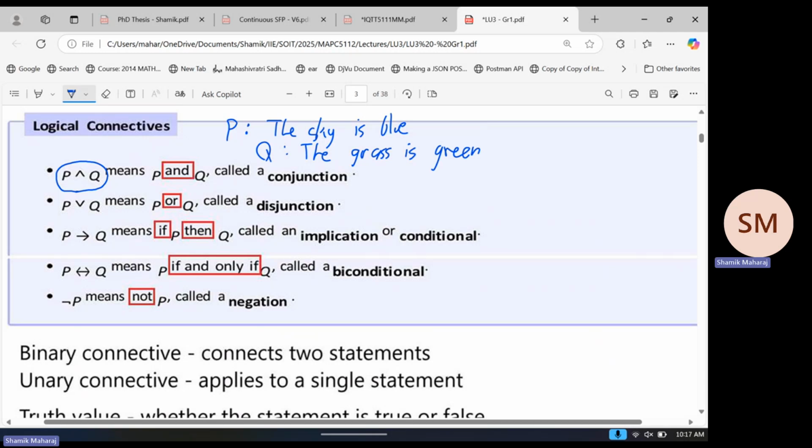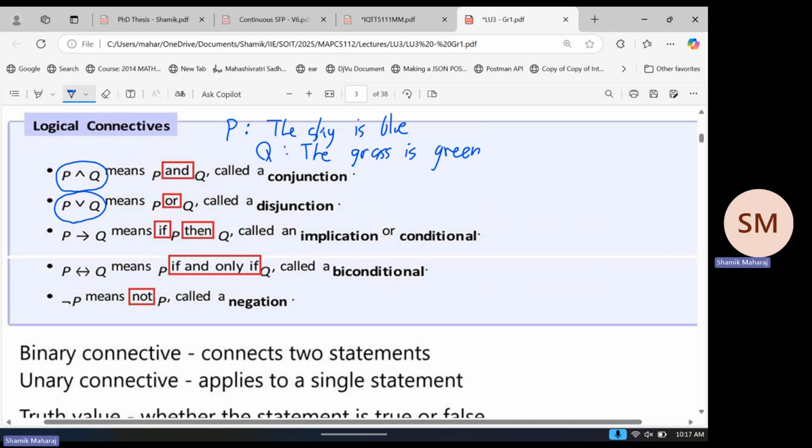Okay, so using these examples, we know what and is. That's the first one, a conjunction, the one I just circled. The one just underneath that, which is a downward sort of triangle, is an or statement. An or logical connective. So that would be stated as the sky is blue or the grass is green. So far, straightforward stuff, right?